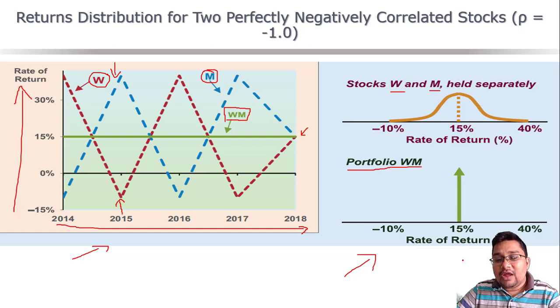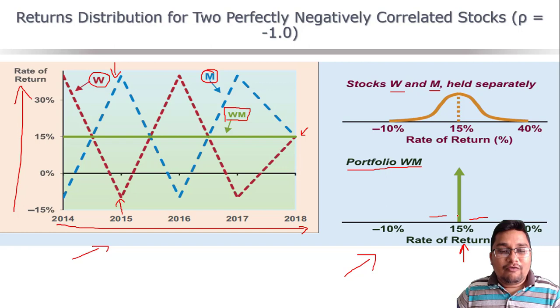You have the same average return, but you do not have any variability at all. So this is the example of an extreme level of diversification when the returns of the assets have perfectly negative correlation.